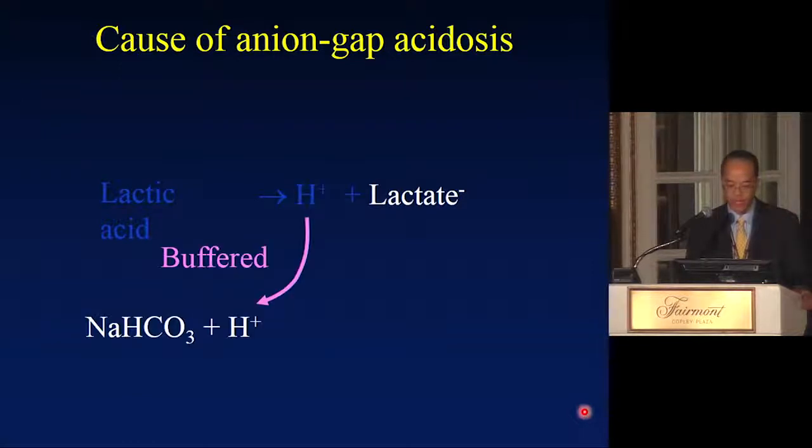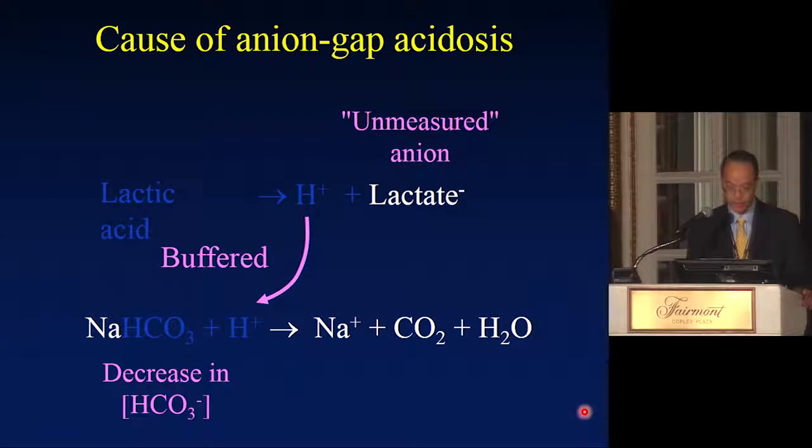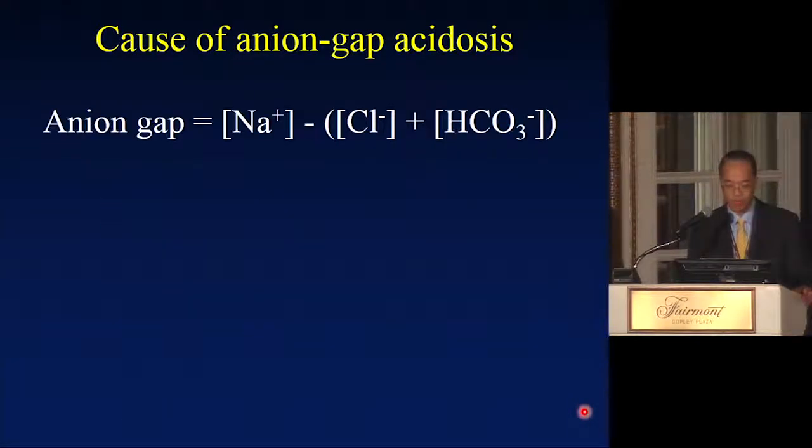And so if that's entered into the blood, the acid part gets buffered by the bicarbonate in the blood and turned into CO2 and water. So now you've got sodium in the blood and lactate anions. So the bicarb in the blood is decreased, and in its stead, you have a different anion, which is lactate. But now this is an unmeasured anion. We don't measure it.